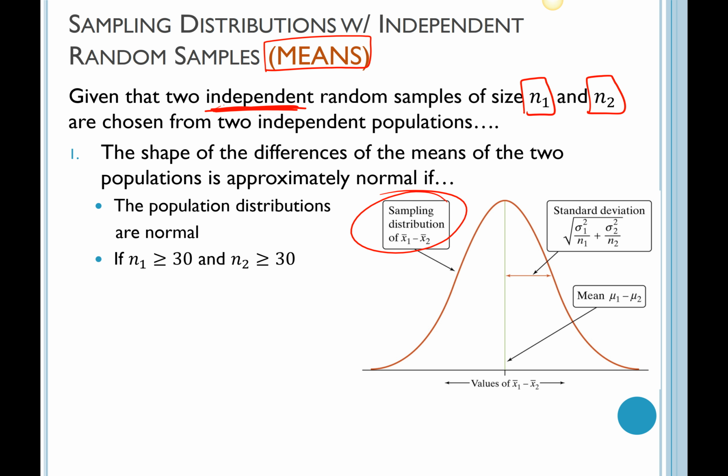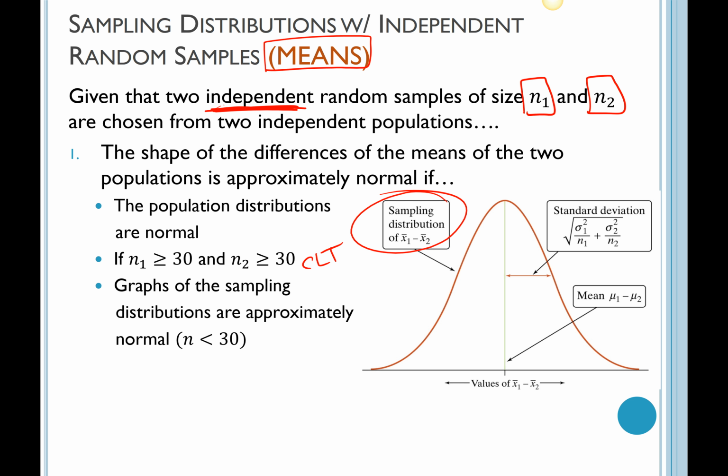Remember that the central limit theorem tells us that if both sample sizes are greater than or equal to 30, then we can use the central limit theorem to say the sampling distribution is normal. And if they are less than 30, then that means we're going to graph. Now, I don't want you guys to get so confused. This is not confusing.